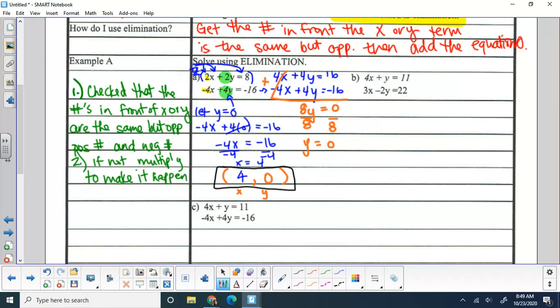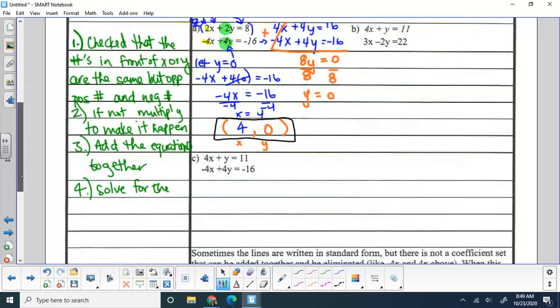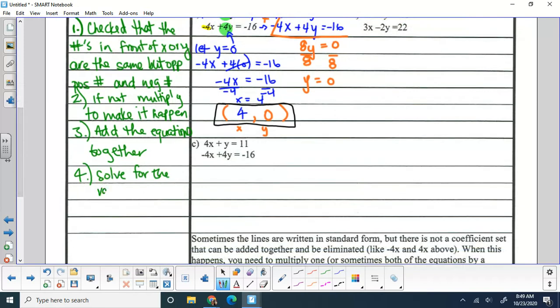Awesome. And then the third step was add the equations together. And the fourth step was solve for the variable. There should only be one variable in it right now.